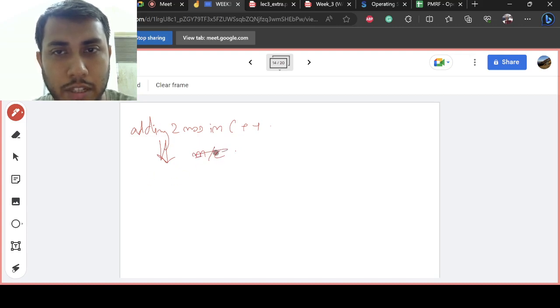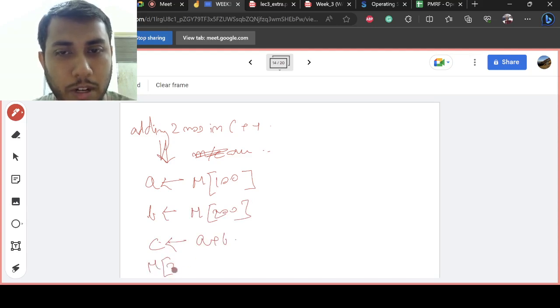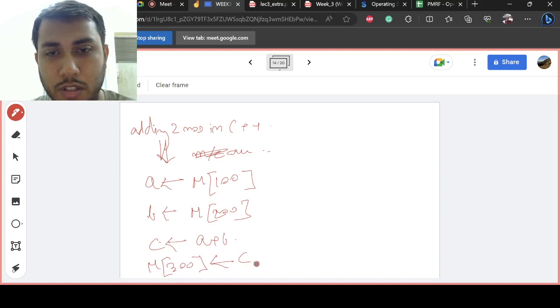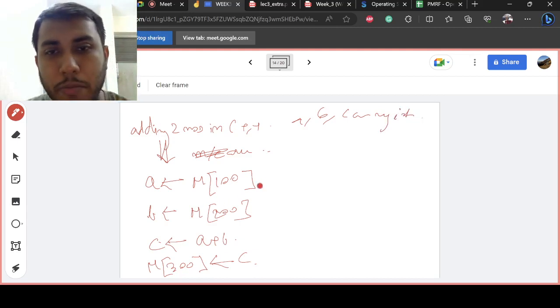In assembly language, let's say you are taking a number A from memory location 100, you are taking B from memory location 200, and you are adding them into C, A plus B, and storing the value of C into memory location 300. A, B and C are, let's say, registers. So this is your machine level code.